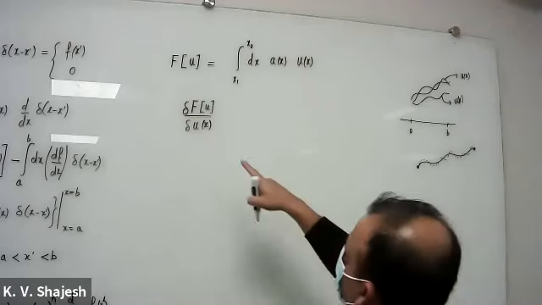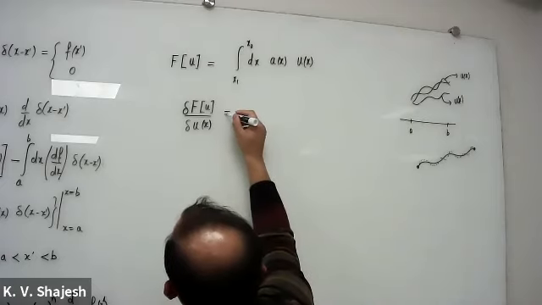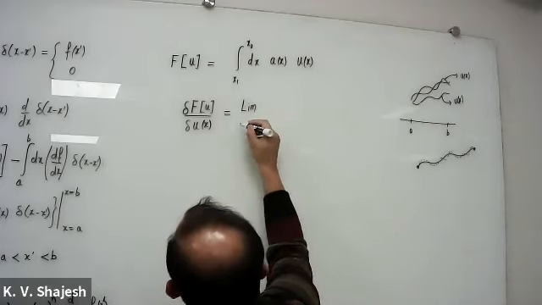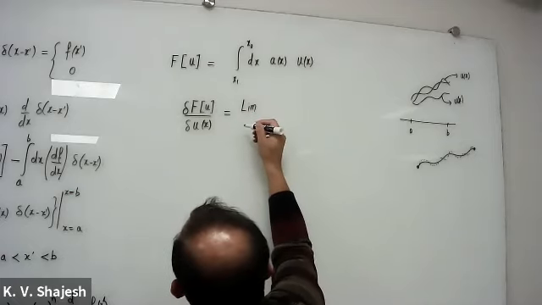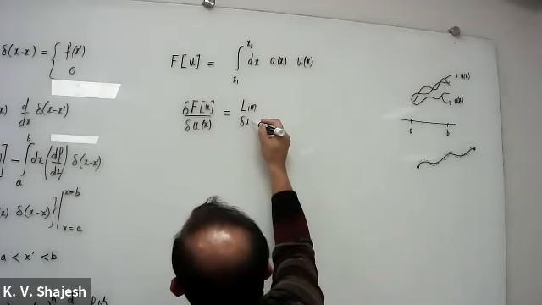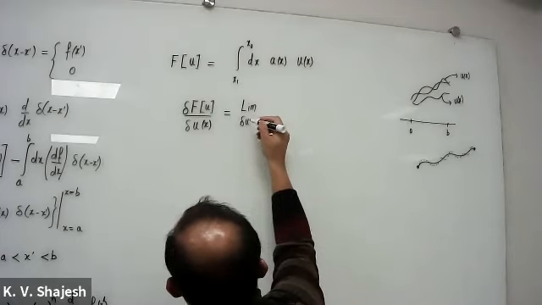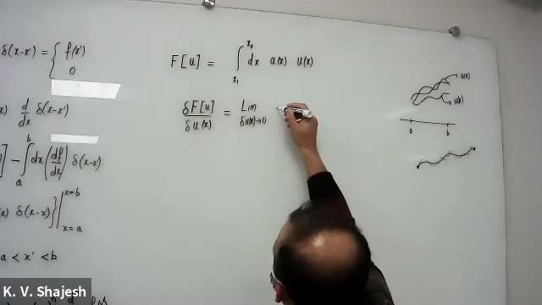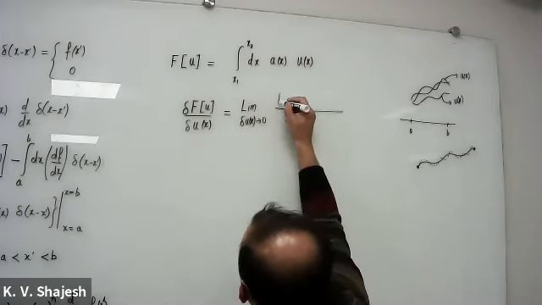Okay. So how do we define this? You would say this is the limit as delta u tends to 0. There's an x dependence there, so delta u of x tends to 0 of, you make a small change.